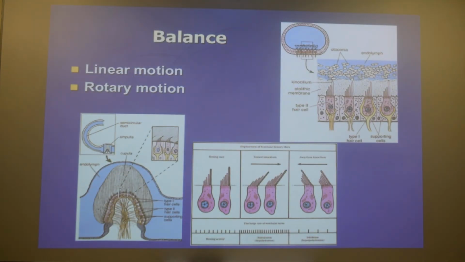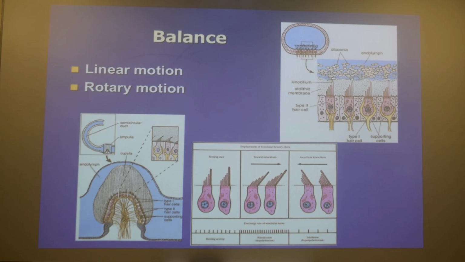Now we are going to talk about the balance first. There are two types of balance. One is for linear motion and the other is for rotatory motion. For linear motion, you remember that the utricle and the saccule are important. The sensory organs within the utricle and the saccule are important for balance during linear motion.